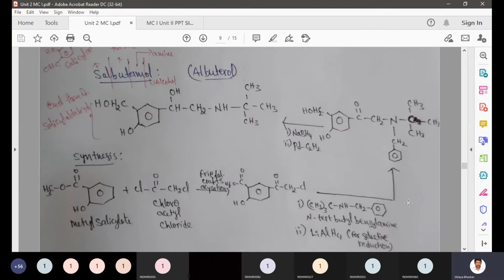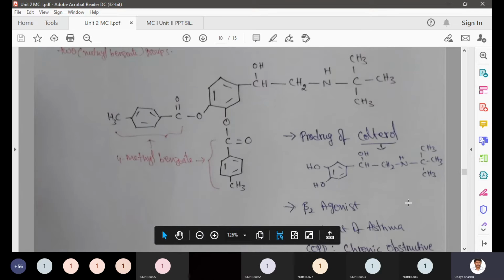The reduction happens at the amino group, that whole benzyl moiety is removed and only the tertiary butyl group remains. Then we reduce it selectively at the C double bond O carbonyl group to get OH.